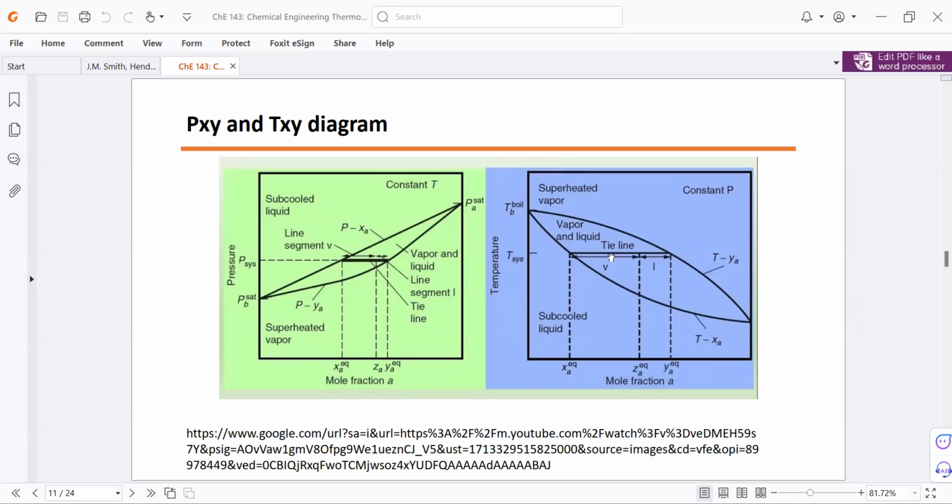So we also have the tie line, and here our vapor curve is above, so that's the TY line, and the TX line is at the bottom. Okay. So if you have mole fraction ZA, to get the equilibrium mole fraction for the liquid and vapor, we just simply use the tie line.